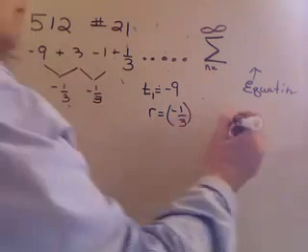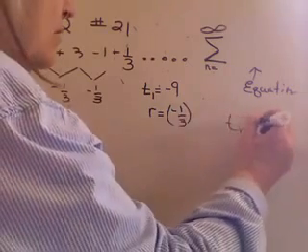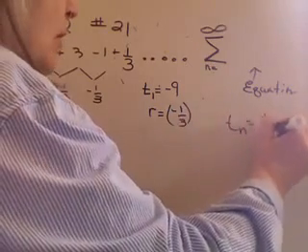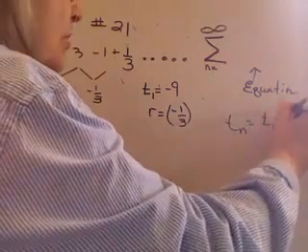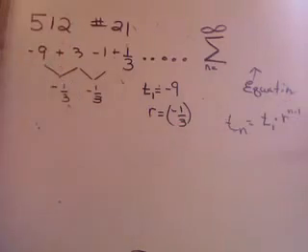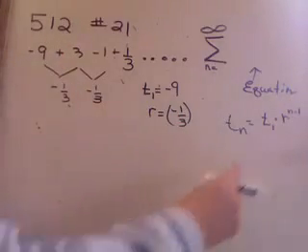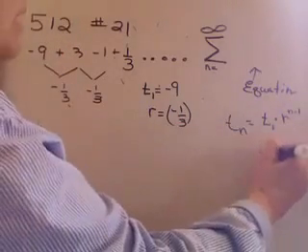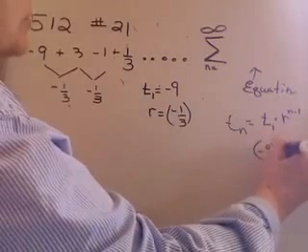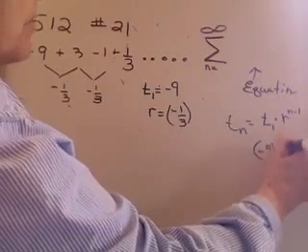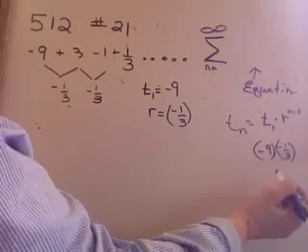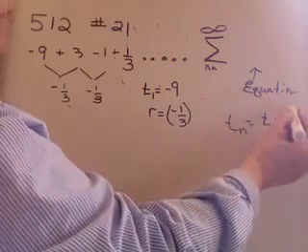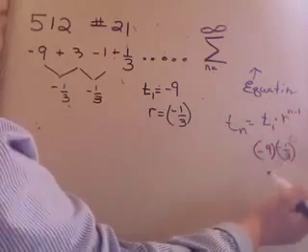So the formula is T sub n equals T1 times R to the n minus 1. And we can test that. We can go negative 9 times R, which is negative 1/3, to the n minus 1. So if I want the first term, I go 1 minus 1 is 0.